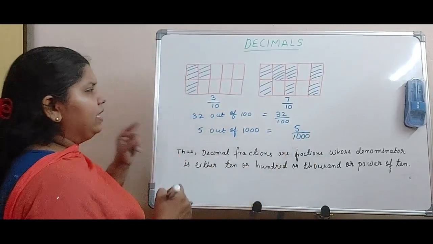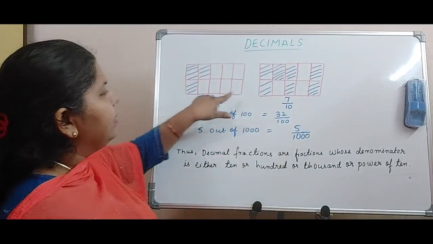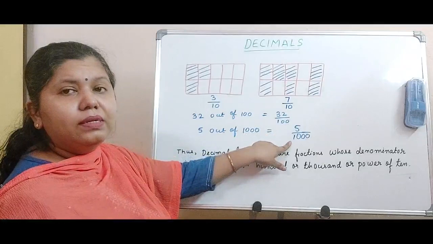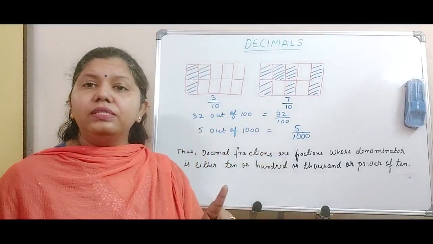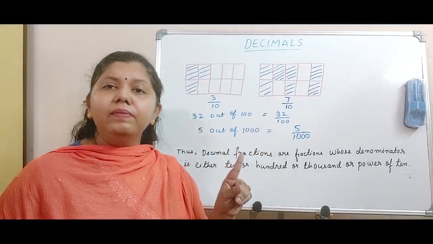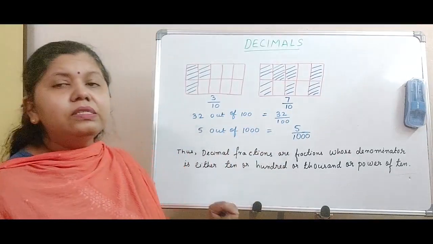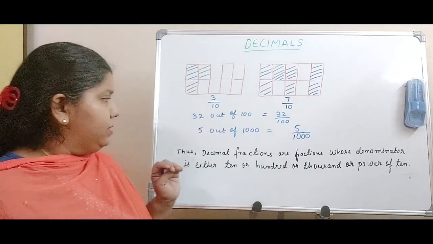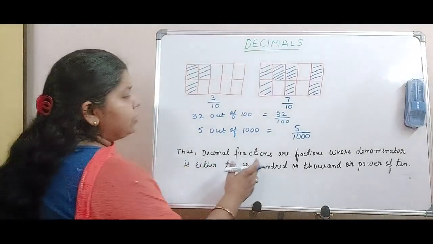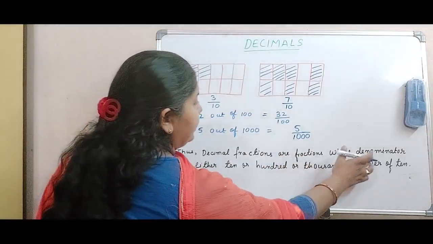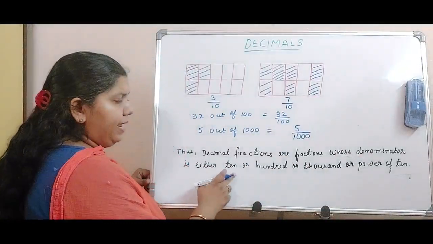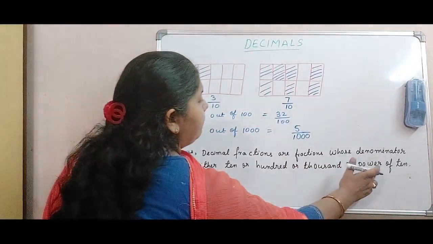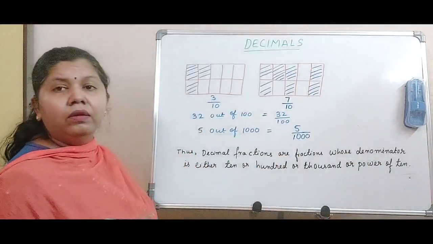So these fractions like 3 by 10, 7 by 10, 32 by 100, 5 by 1000, these fractions are called decimal fractions. So let us look at the definition of decimal fractions. Decimal fractions are fractions whose denominator is either 10 or 100 or 1000 or a power of 10.